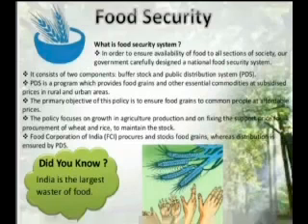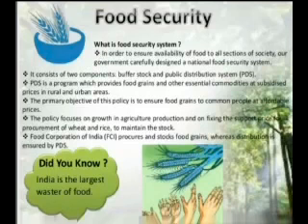What is the food security system? In order to ensure availability of food to all sections of society, our government carefully designed a national food security system. It consists of two components: buffer stock and the public distribution system, that is PDS.